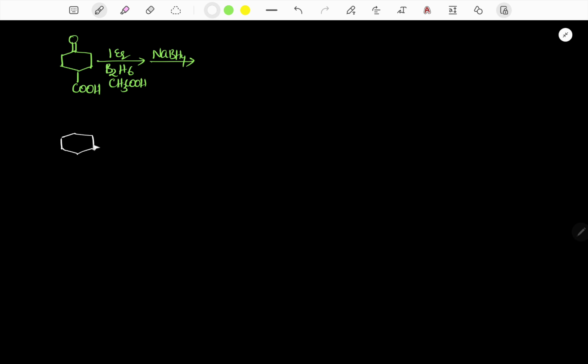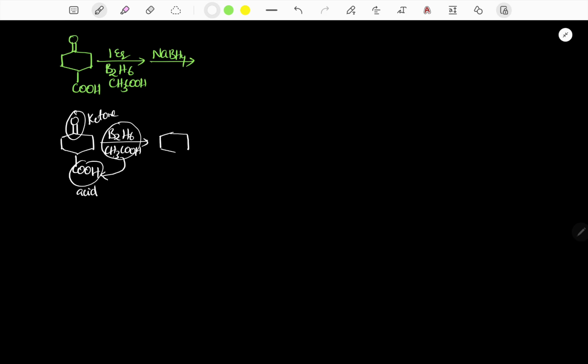The reactant has two functional groups: one is a ketone, one is a carboxylic acid. When it is treated with one equivalent of B2H6 in the presence of acetic acid, we know that B2H6 is highly reactive and highly selective for carboxylic acid.